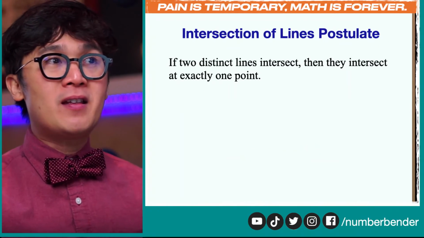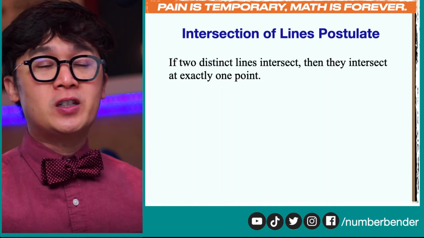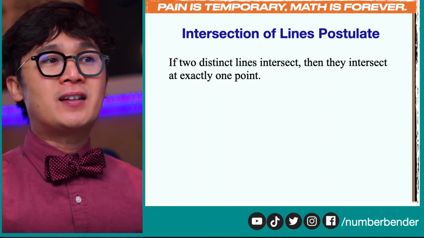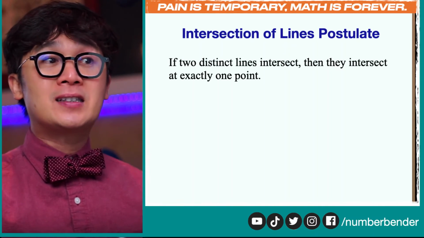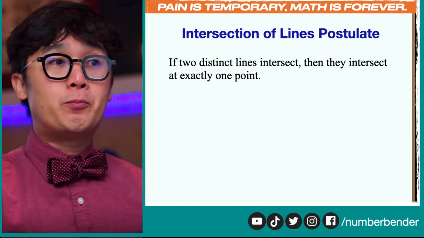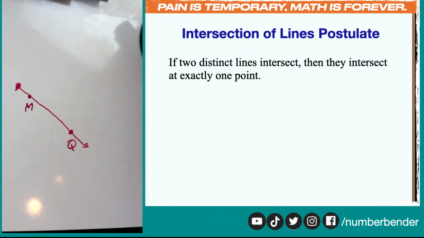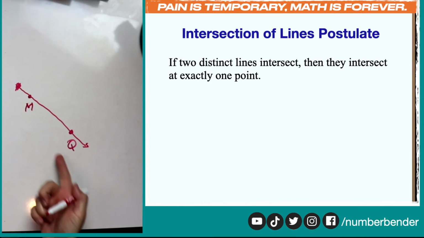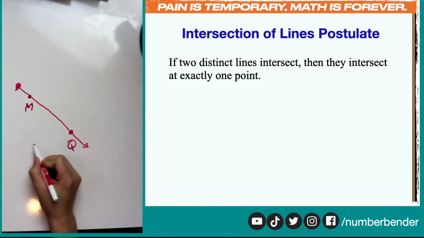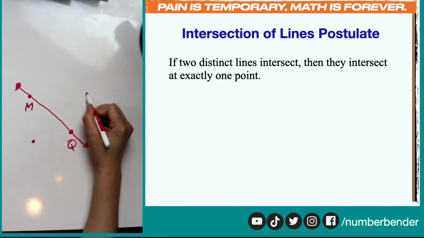Next postulate would be the intersection of lines postulate. And in this case, if two distinct lines intersect, then they intersect at exactly one point. So, kailangan lang natin ng two lines na kailangan mag-intersect. So, like, meron tayong line MQ. Let's say meron tayong two points here and here.